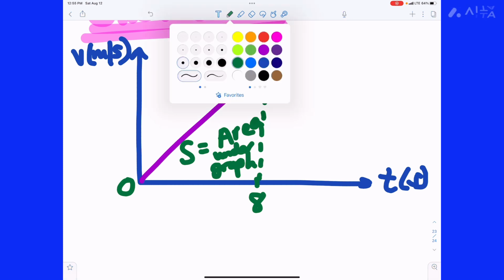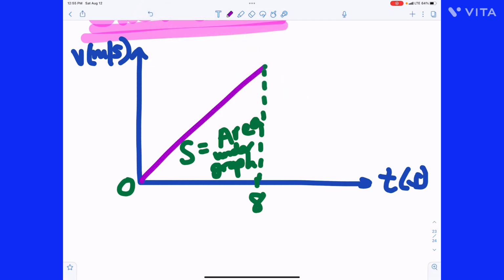The acceleration is already given as 3 meters per second squared, so I can calculate my velocity here. Let's assume the final velocity attained after the acceleration is v. So I can calculate v.